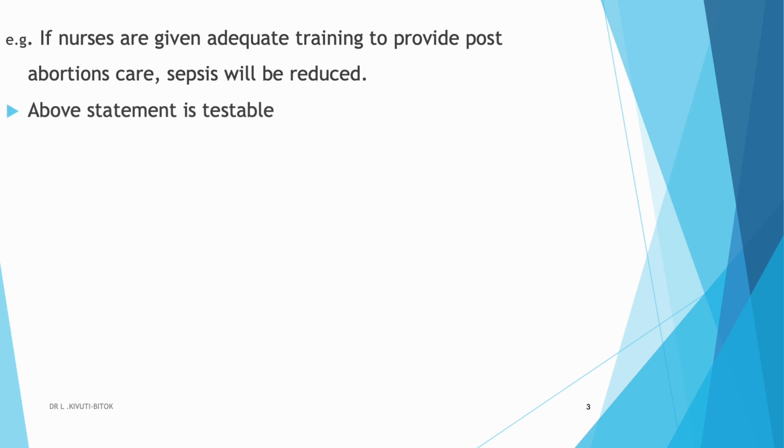The above statement is testable: we can get nurses, identify the ones who've been given adequate training to provide post-abortion care, and then in those institutions we evaluate or quantify the rate of sepsis, and we can measure all those variables.